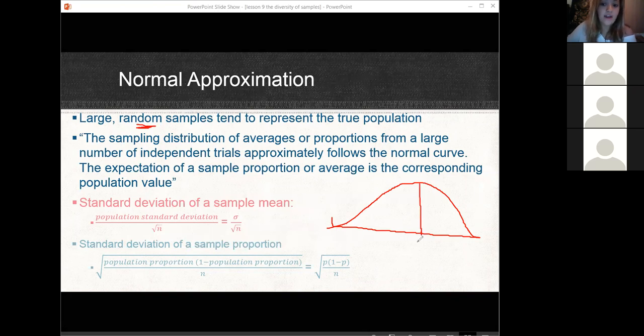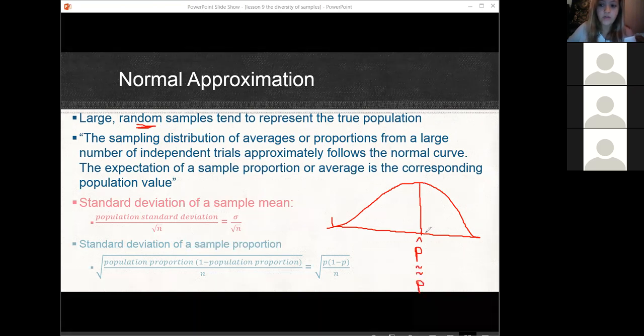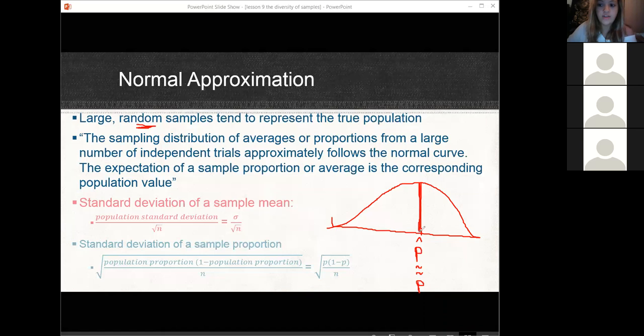And then our sample proportion, for example, is going to approximate whatever our population proportion is, this center here. So that's all that's saying, that we're able to make inferences about this population, so about our normal P, given our sample, because it's large enough, they're independent from each other, different trials, and they're random.